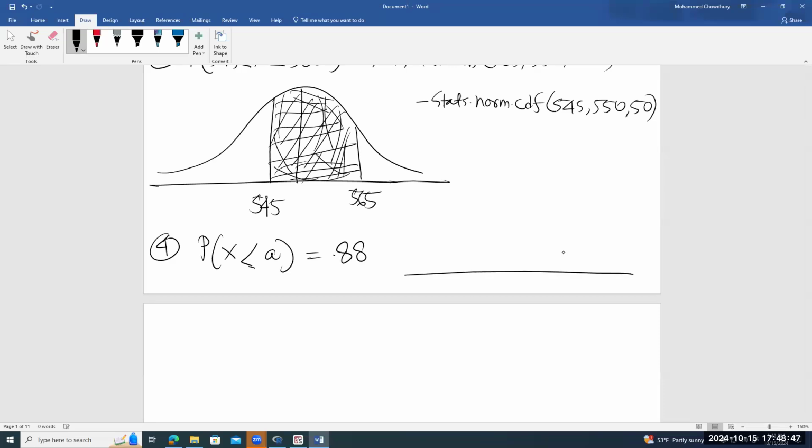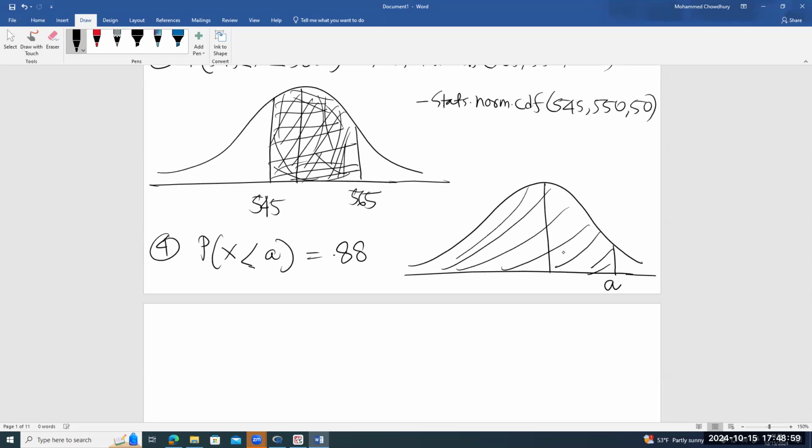So that means you have to find the A so that this area is equal to 0.88.